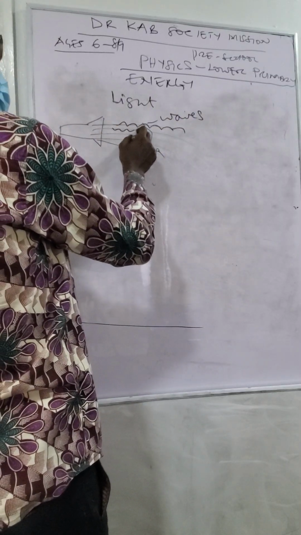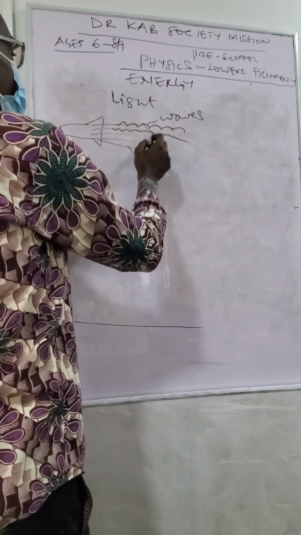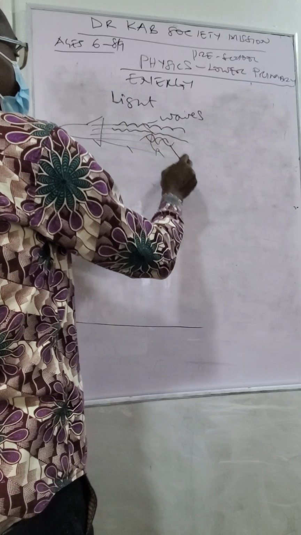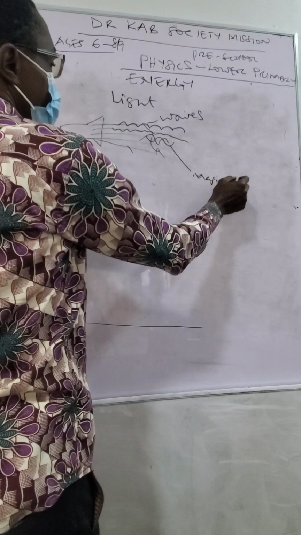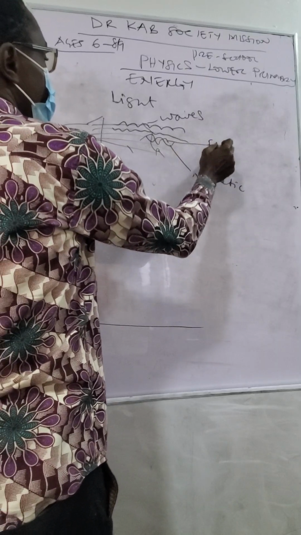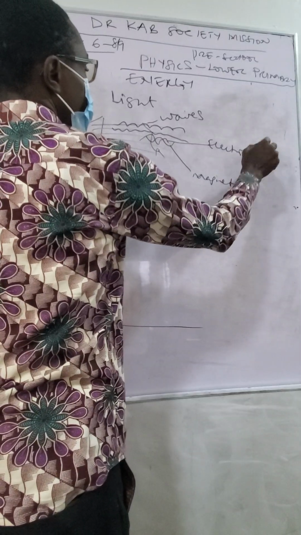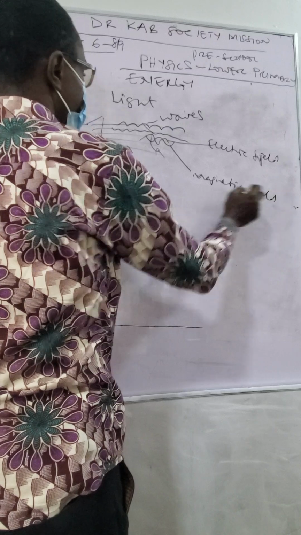This wave comes in two parts. One is going like that, another is going like that. Let's say this is the magnetic field, and this is the electric field. So this is light, just to get a concept there.